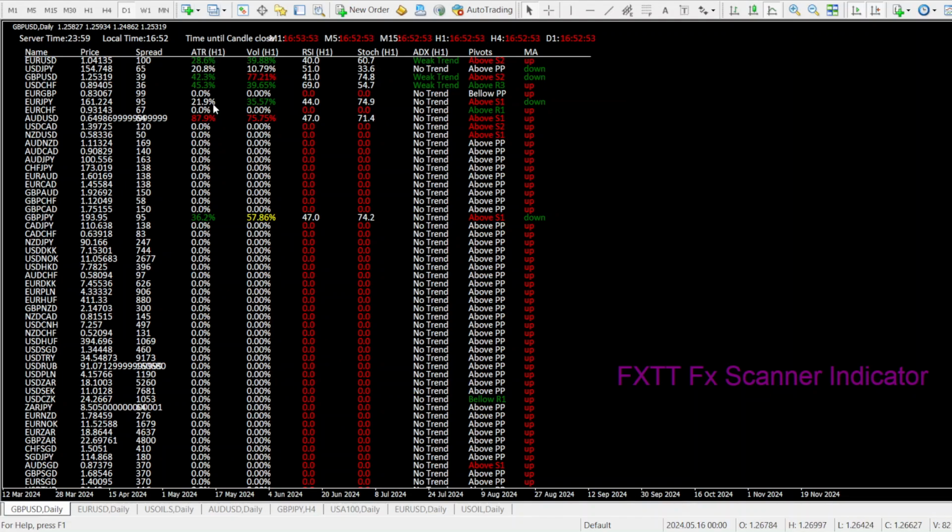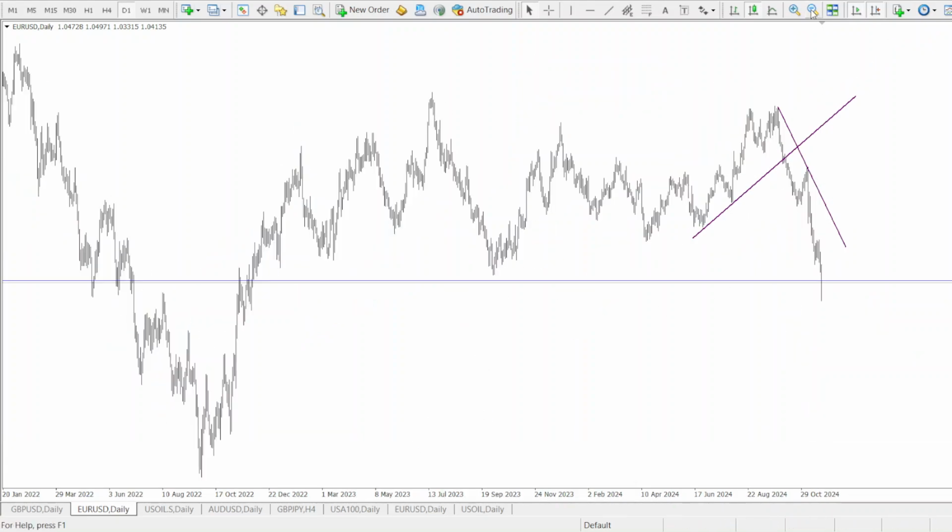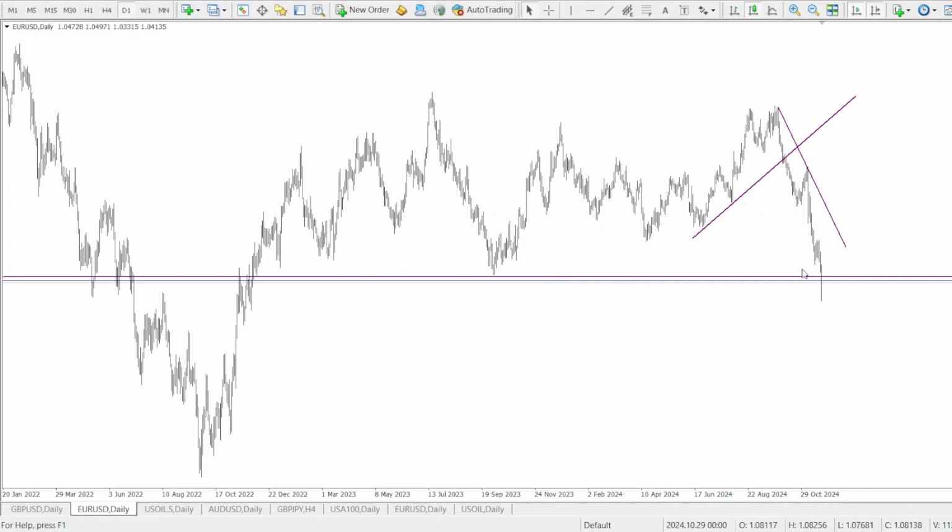All right, so using the Euro USD as an example, which I am already using, we have noticed that this sell trend has gotten weak, so we can watch closely for price reaction. By the way, we can see that the price has already gotten to a support zone.